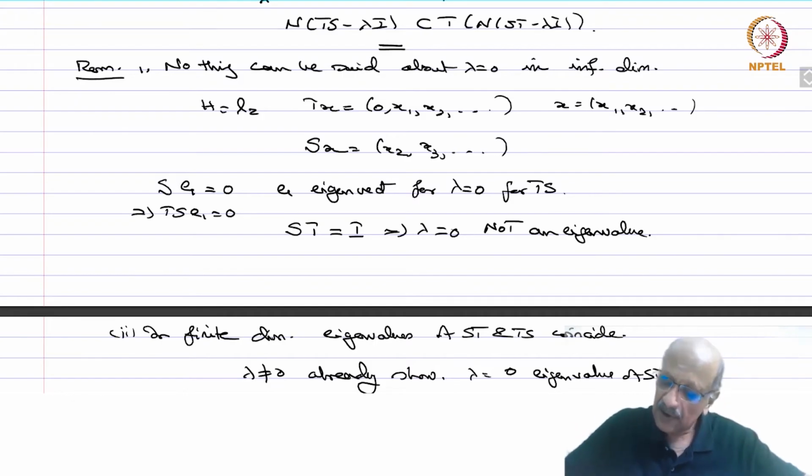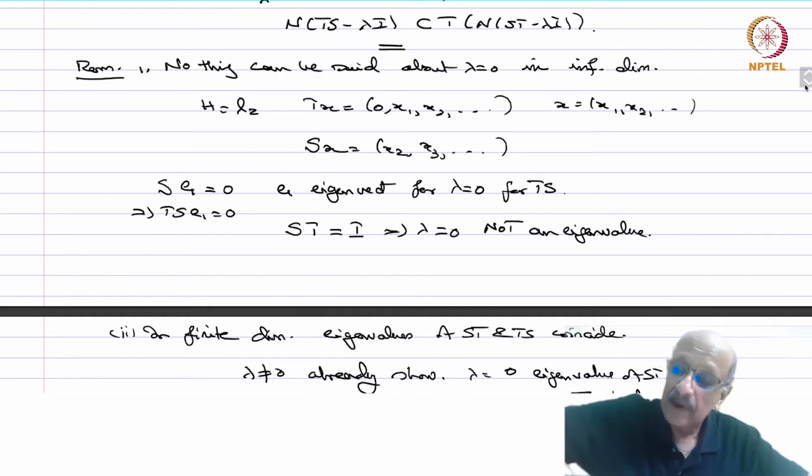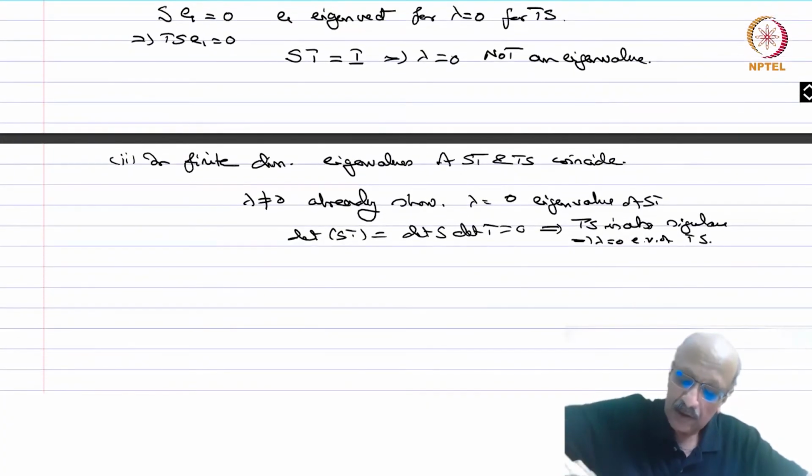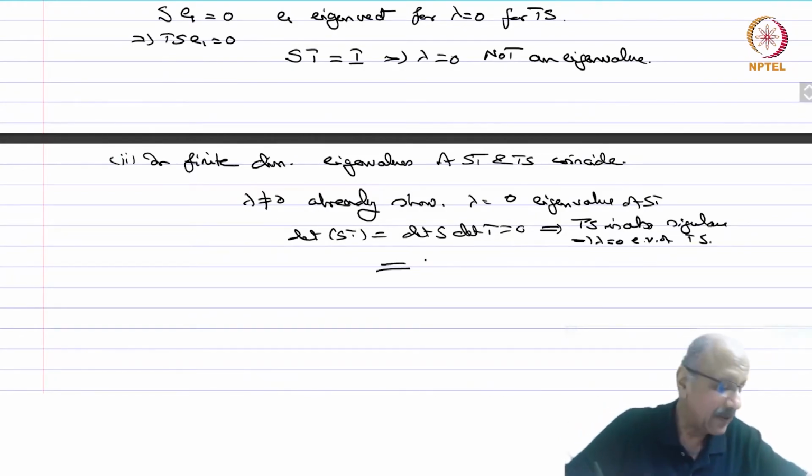This implies TS is also singular because its determinant is also 0, which implies lambda equal to 0 is an eigenvalue of TS. Okay, and therefore in the finite dimensional case, in fact you can show that the characteristic polynomials are the same. Okay, so that you might have done in linear algebra.